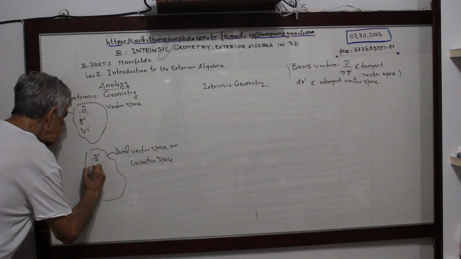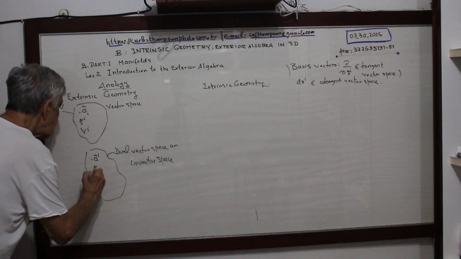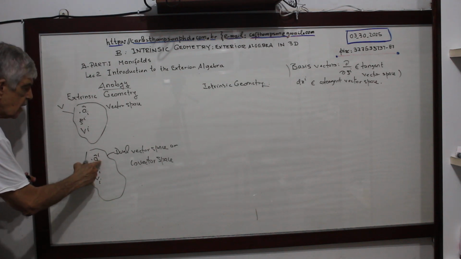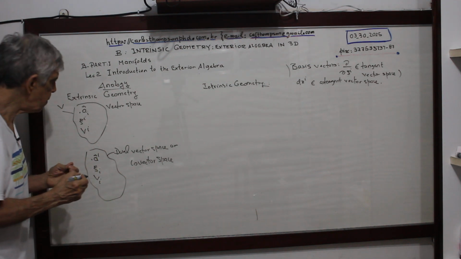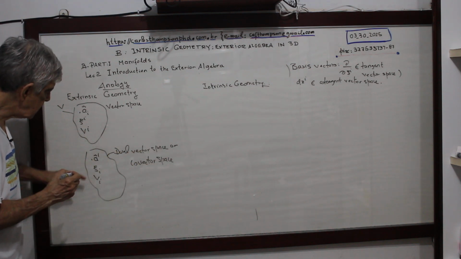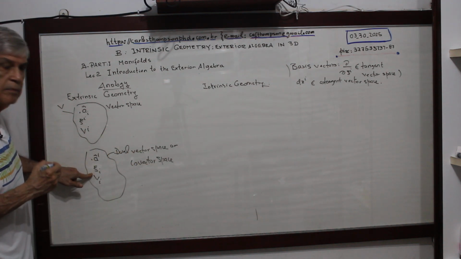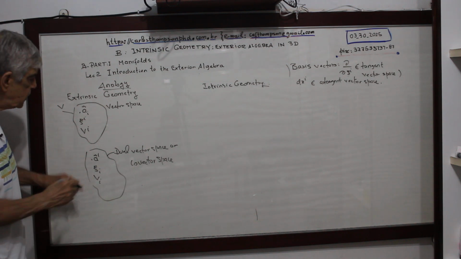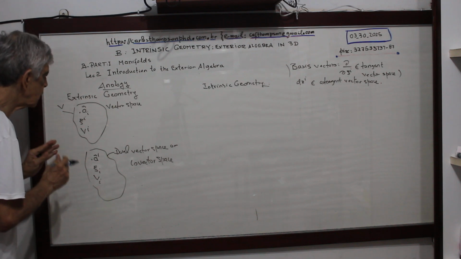These are the bases, which belong to the dual vector space. These are the coordinates belonging to the dual, and these are the components of a vector. We did this a lot.